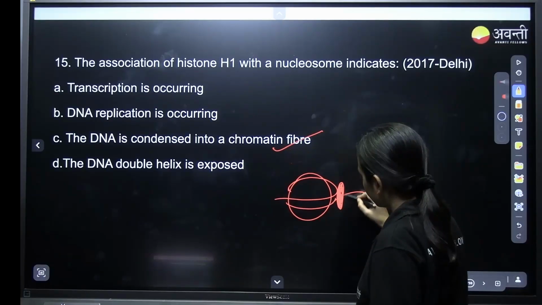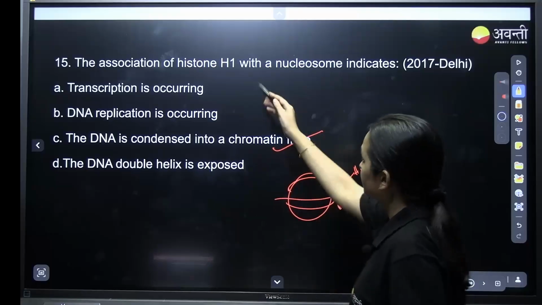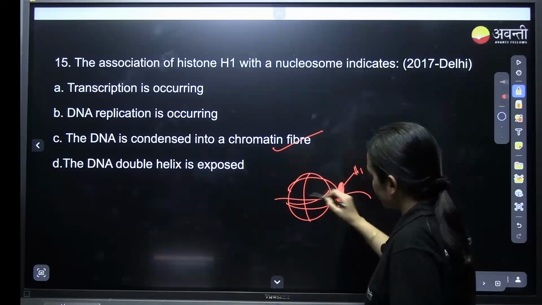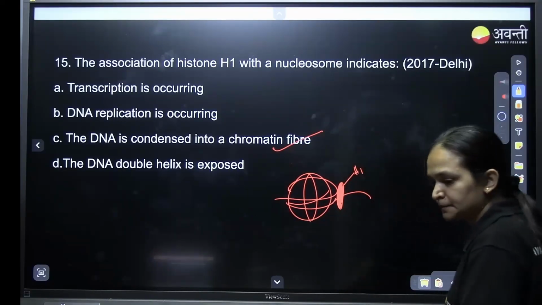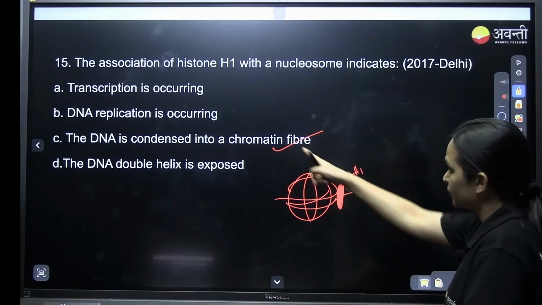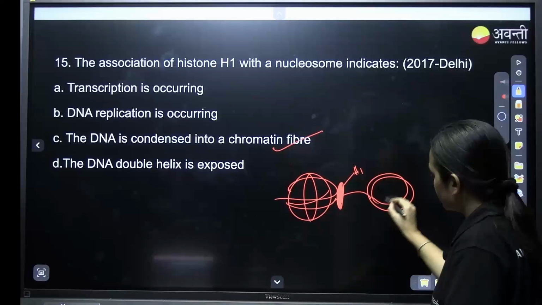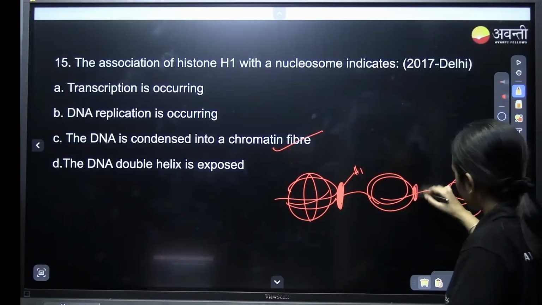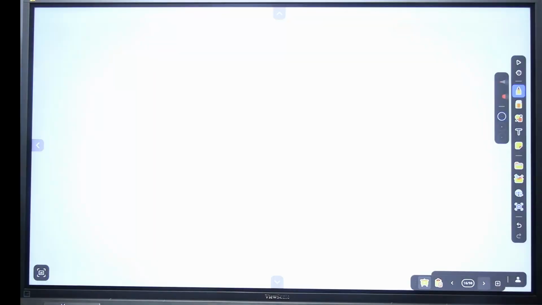This is H1, the H1 histone. And here is the octamer. So the DNA is condensed to form the chromatin like this, and this is sealing it.